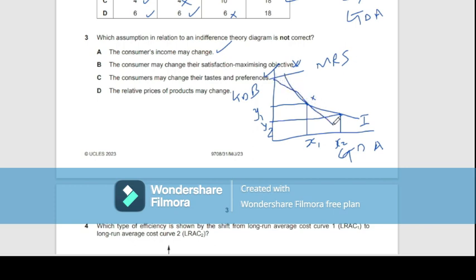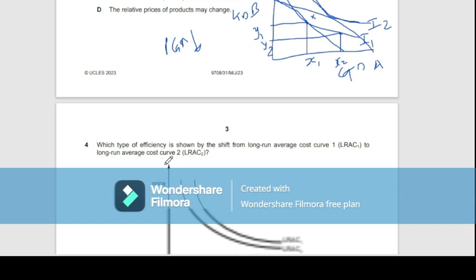So assuming this was our budget line and the price of good A decreases, that will pivot the budget line outward and it will mean a shift outward of the indifference curve. Hence, the consumer will be able to operate on a higher indifference curve. So therefore, B is not correct.